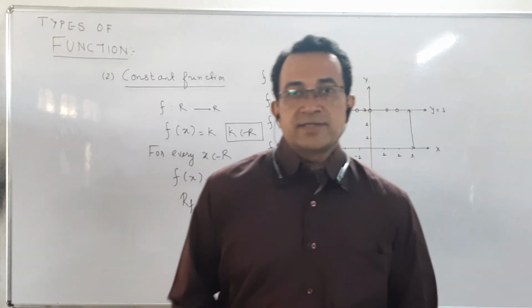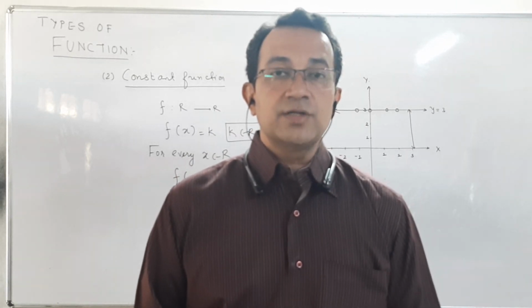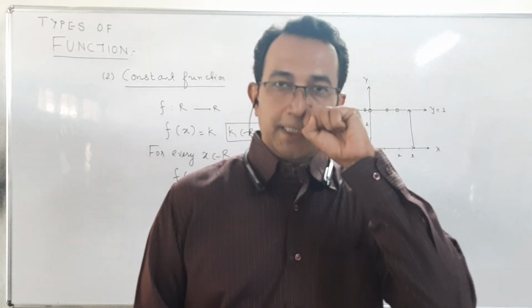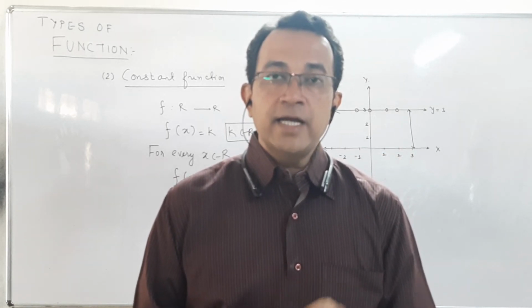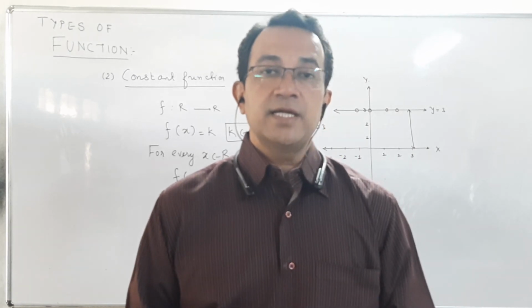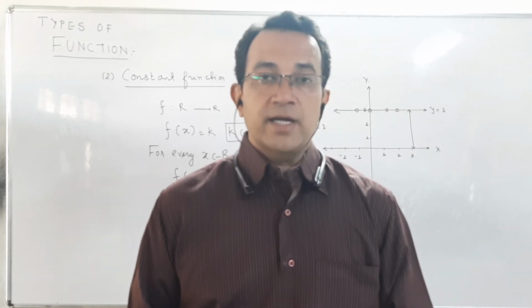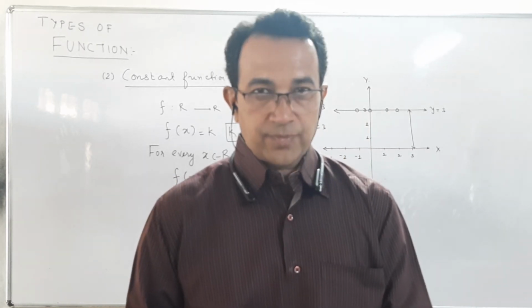So students, as I told you, whenever we define a function, first thing is to understand what are domain and codomain. Range will be singleton set k, where k belongs to R. Here as per our example, it is singleton set 3.